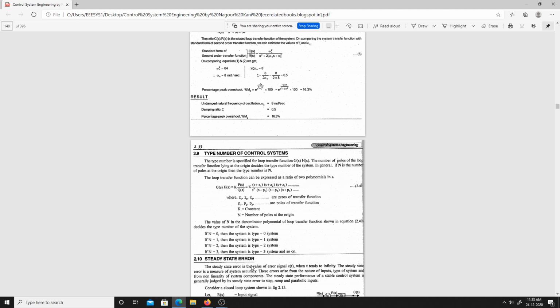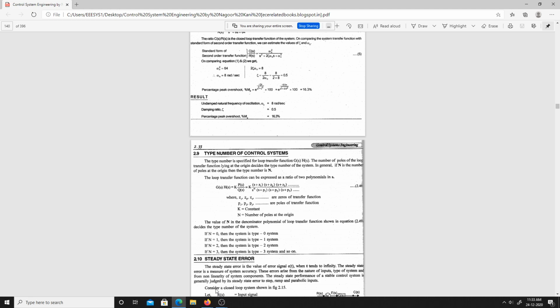What do you mean by the type number of a control system? What is the type number? The type number is specified for the open loop system. Is it clear? Open loop transfer function G(s)H(s). The number of poles of the loop transfer function lying at the origin decides the type of the system. Is it clear?